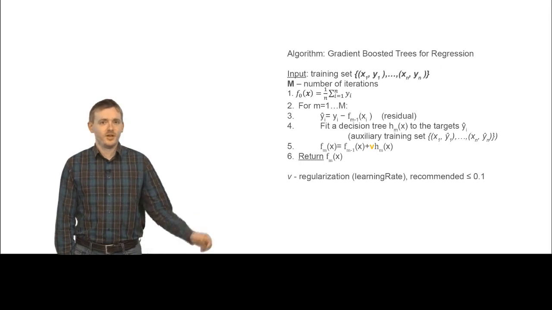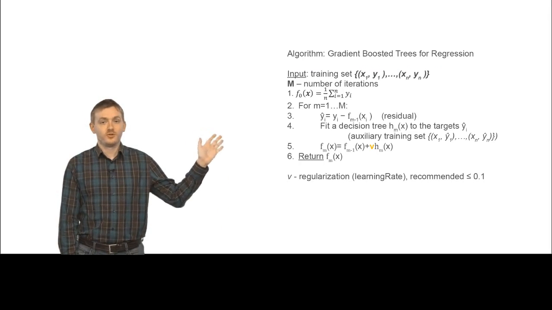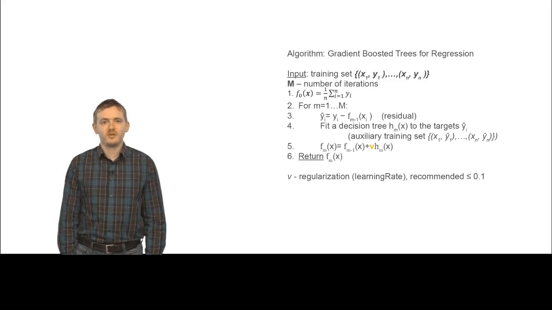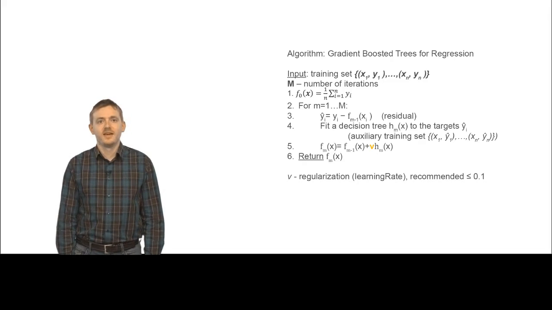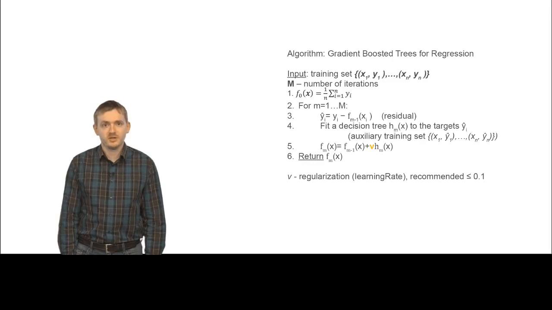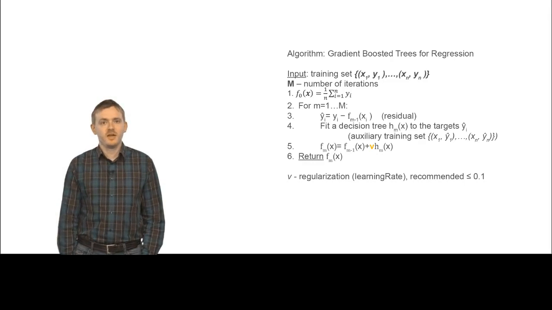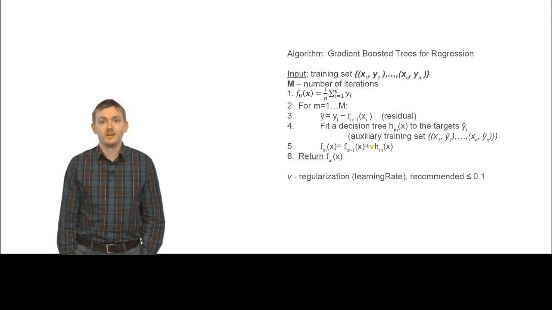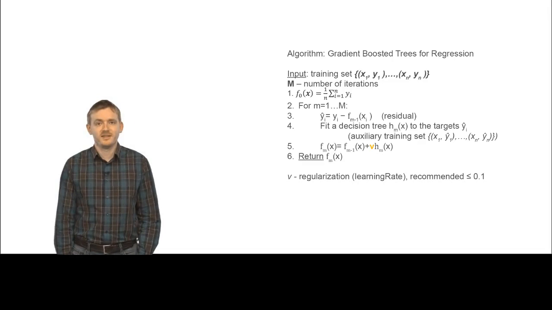Okay. Here is an algorithm for training gradient-boosted trees for regression. In the input you have a training set, and capital M is a maximum number of iterations. At the first step you calculate an average of all the targets y_i, and it is your initial approximation to the function f(x).